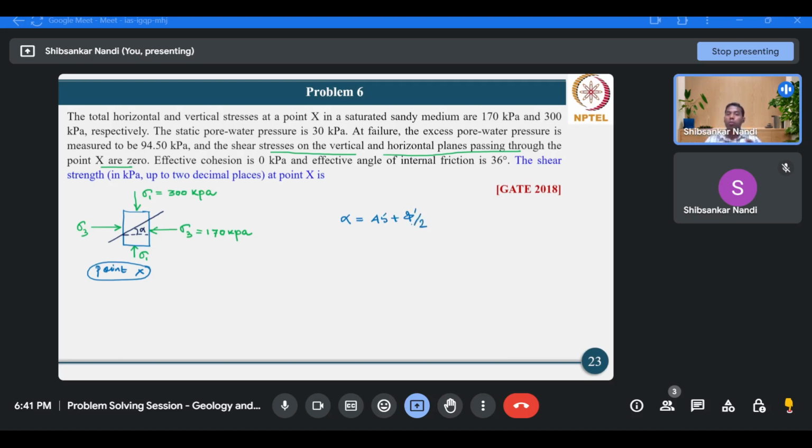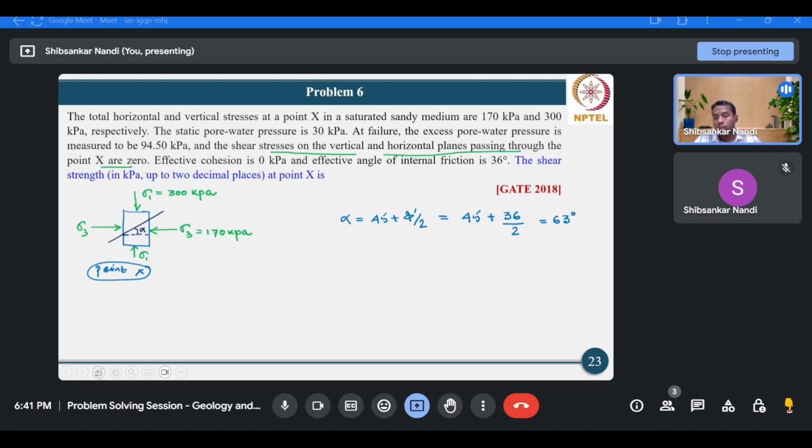Why? Because we have seen in the very beginning problem, we derived this expression, that is the failure plane inclination with respect to the major principal plane as 45 plus phi prime by 2. So it is 45 plus 36 by 2, that is 63 degrees. Okay, so this was the first job which we have already performed.